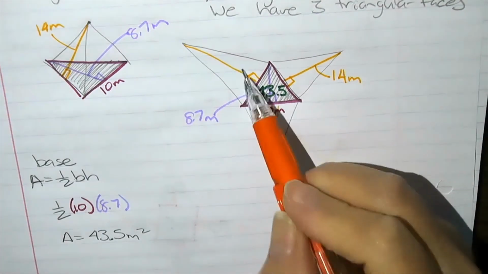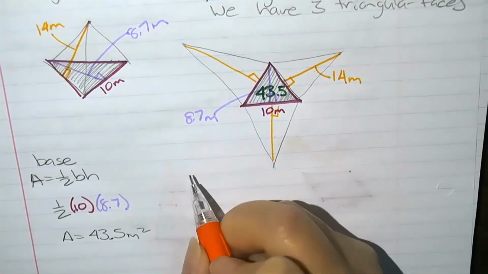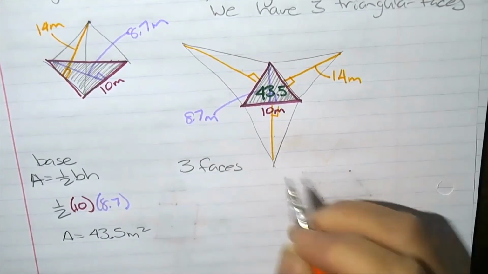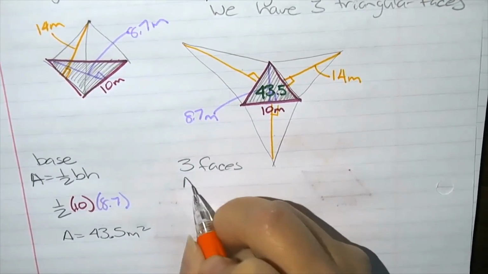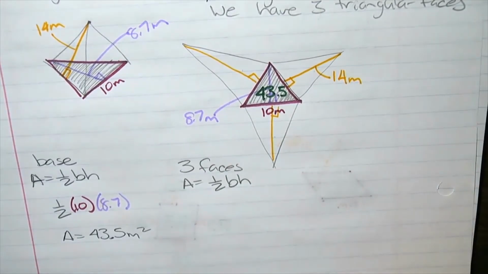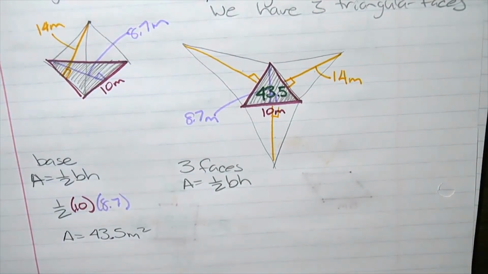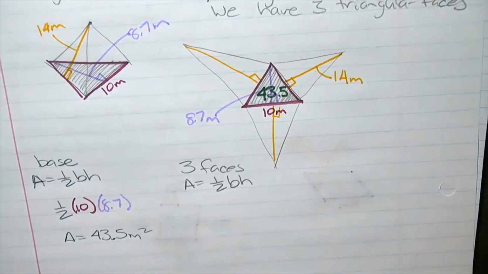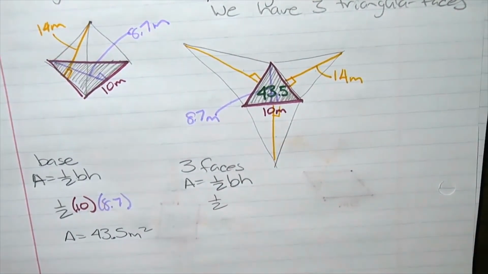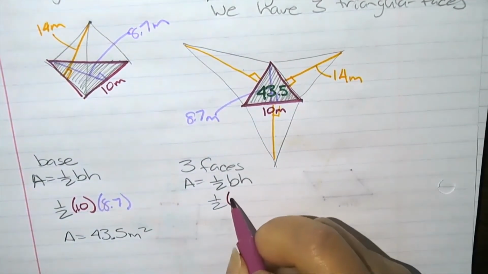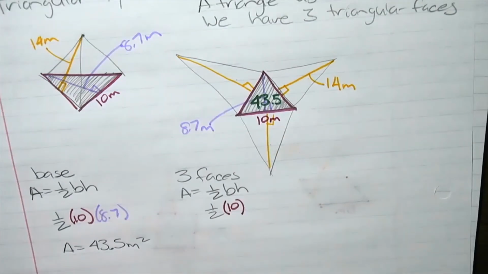Now I have 1, 2, 3 faces. And the shape of the face is a triangle. So the area of a triangle is 1/2 the base times the height. And here again, my base is 10 meters.